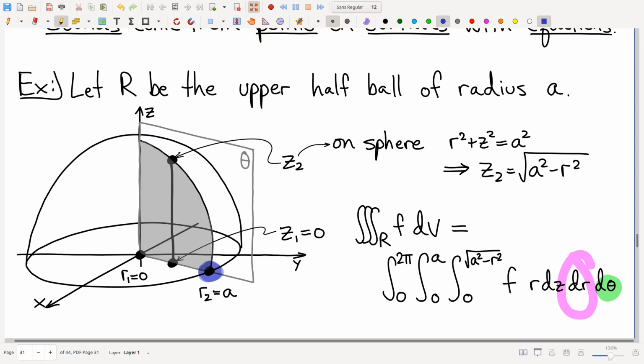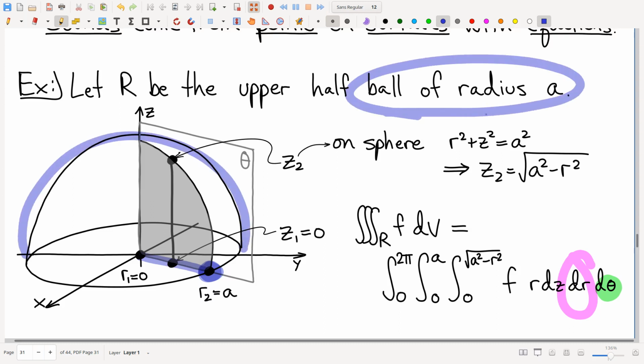In this case, notice that this distance that I'm looking for, the value of r for that point, is also a radius of my sphere, whose radius I know. Right? So that value of r is a. And that gives us that upper bound. Everybody happy there? Everybody see what happened?